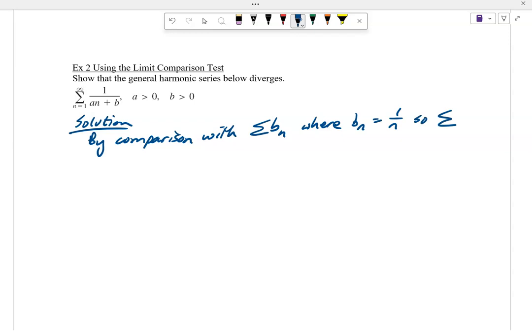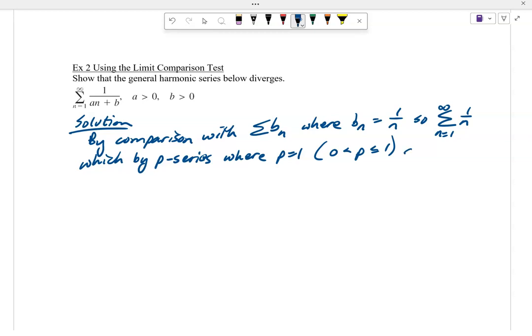So we're comparing it with this series, which is a harmonic series, and by the p-series test, 1 over n to the p, p is 1, where p is less than or equal to 1 and greater than 0, it diverges. So that's what we're going to use for b of n.